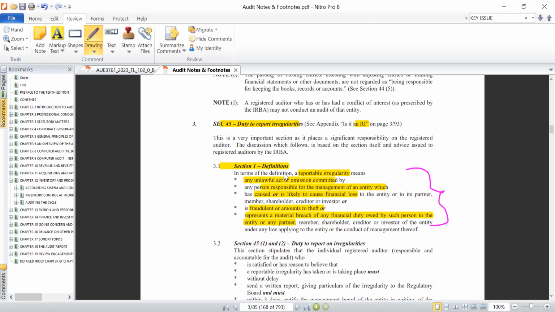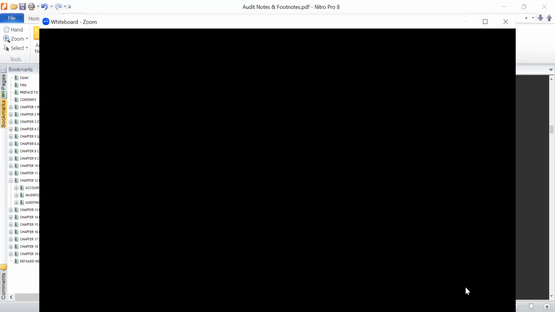Looking at the accounting process, let me take you somewhere briefly. I want to take you to the whiteboard quickly so that I can emphasize some details here.